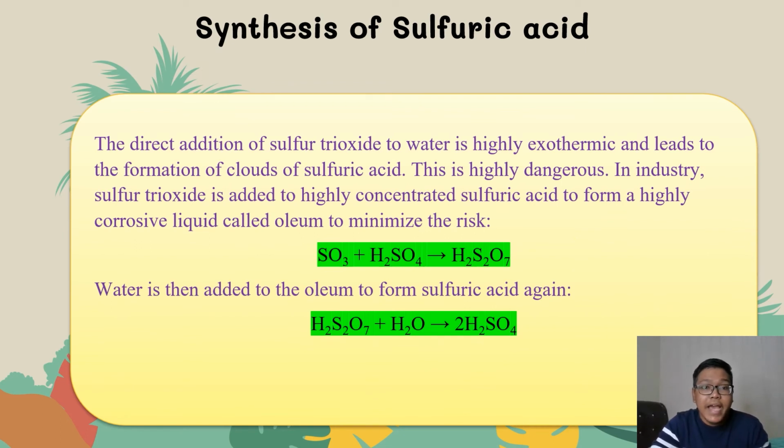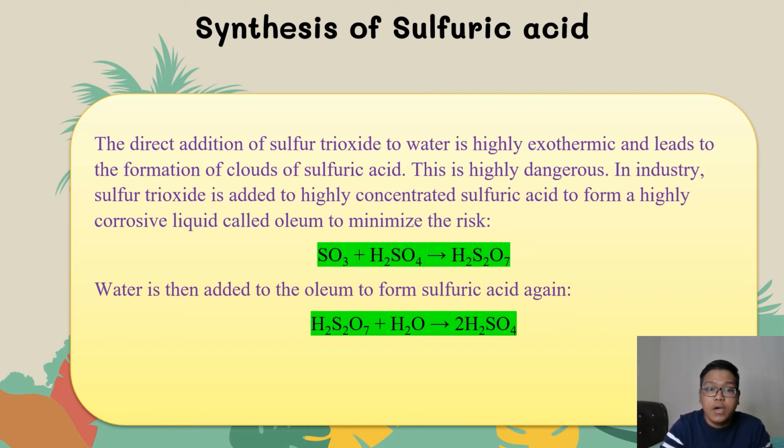The direct addition of sulfur trioxide to water is highly exothermic and leads to the formation of clouds of sulfuric acid. This is highly dangerous. In industry, sulfur trioxide is added to highly concentrated sulfuric acid to form a highly corrosive liquid called oleum to minimize the risk.